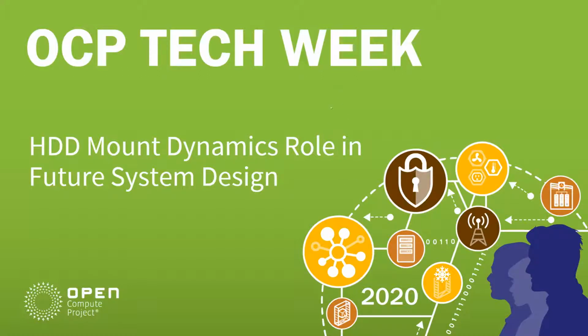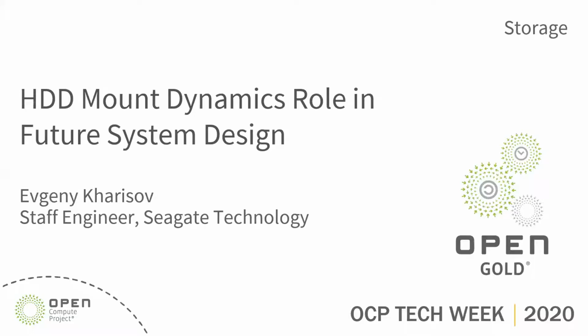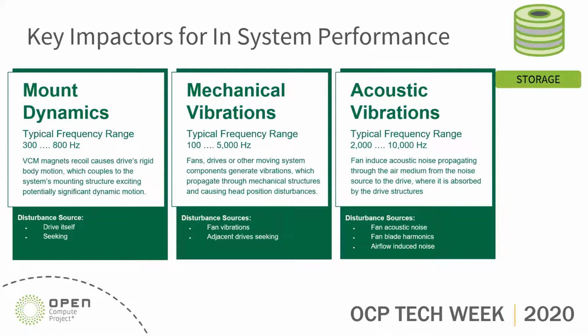So today I'll be talking about mount dynamics' role in future system design. When we are looking at key impactors to system performance for hard drives, they can be broken into three big categories: mount dynamics, mechanical vibrations, and acoustic vibrations. Mount dynamics typically are in the lower frequency range between 300 Hertz and 800 Hertz.